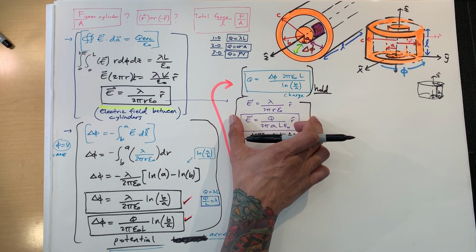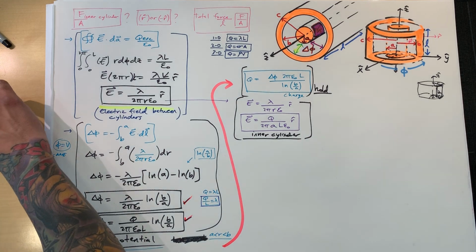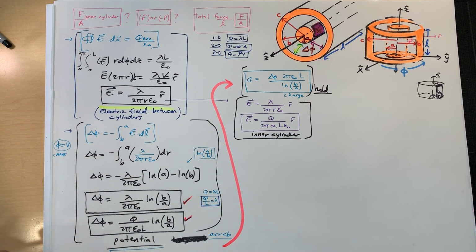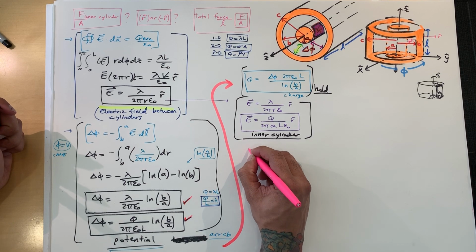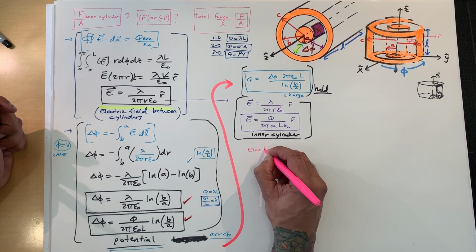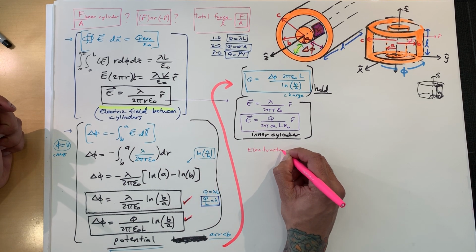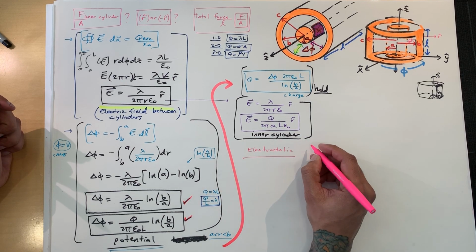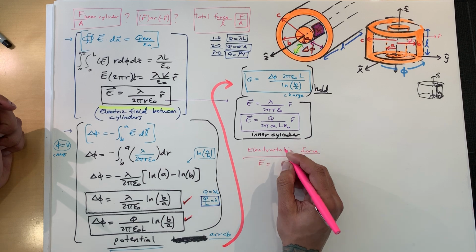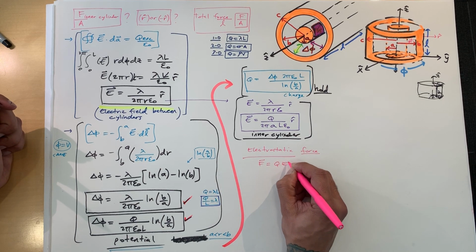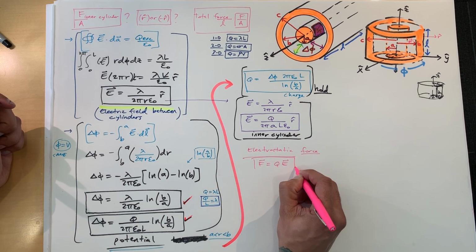We did this part. Now we're going to use an equation that we've seen before, and that's electrostatic force. So I'll just write it out. Electrostatic force: F is equal to Q times epsilon.